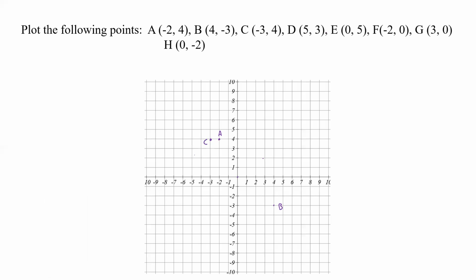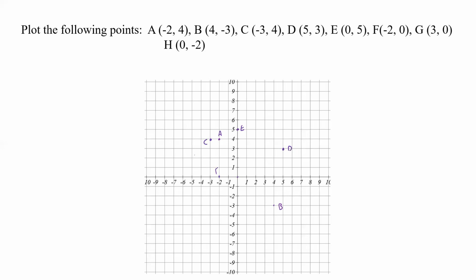Now we have 5, 3. So we go over 5 and up 3. And so that's going to be our D. Then we have 0, 5. Okay, well, 0, 5, that's going to be a y-intercept. And that's going to give us our E. Then F is negative 2, 0. Okay, negative 2, 0. Well, that's going to be an x-intercept.